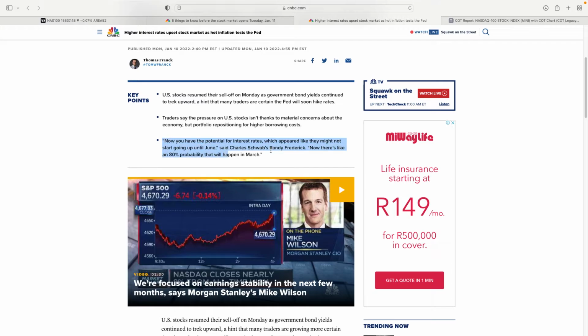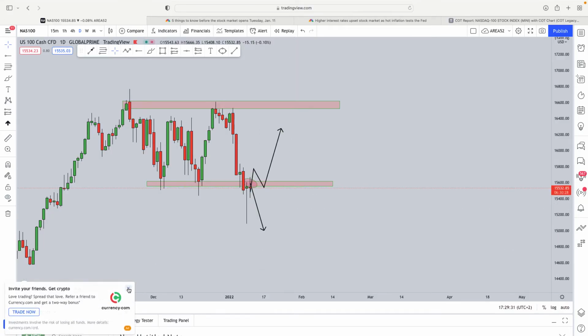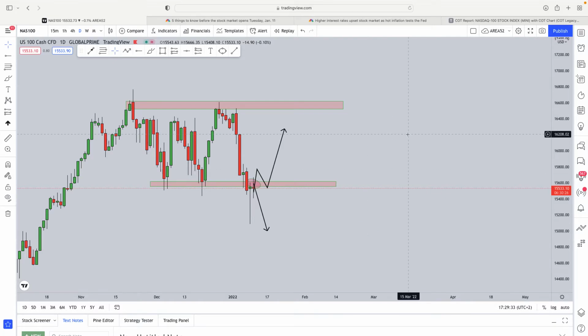It also says here now you have the potential for interest rates, which appeared like they might not start going up until June, said this guy Charles. Now there's like an 80% probability that it will happen in March. Now that's one side of the story. So the reason why you will always see a massive sell-off when interest rates go up.